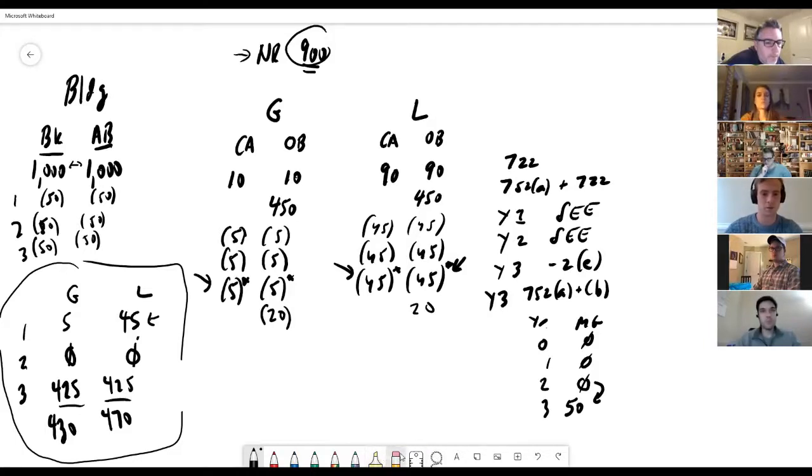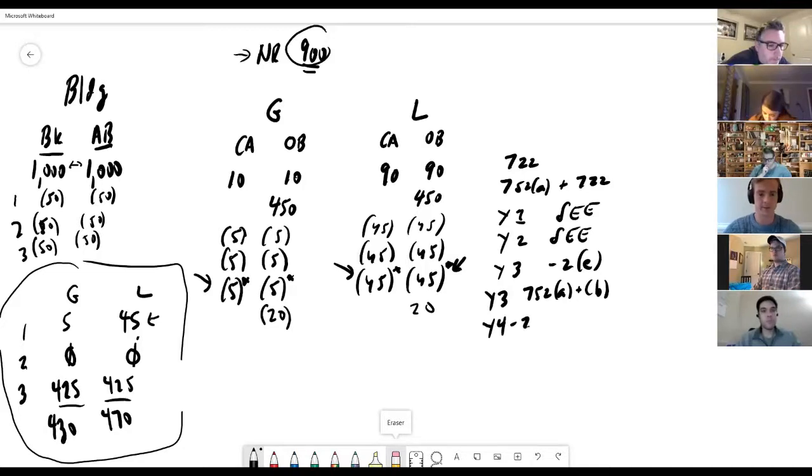So one way to look at that is let's just do years 4 through 20 in one line. What happens in years 4 through 20? We're just going to multiply everything by 17 because we got 17 years left.